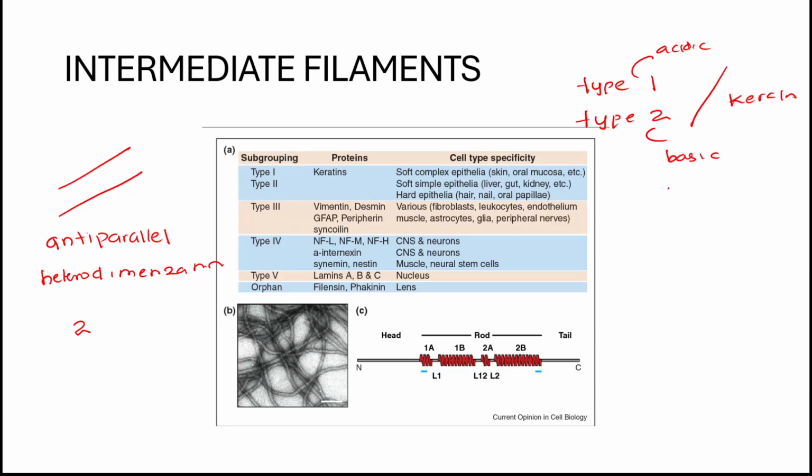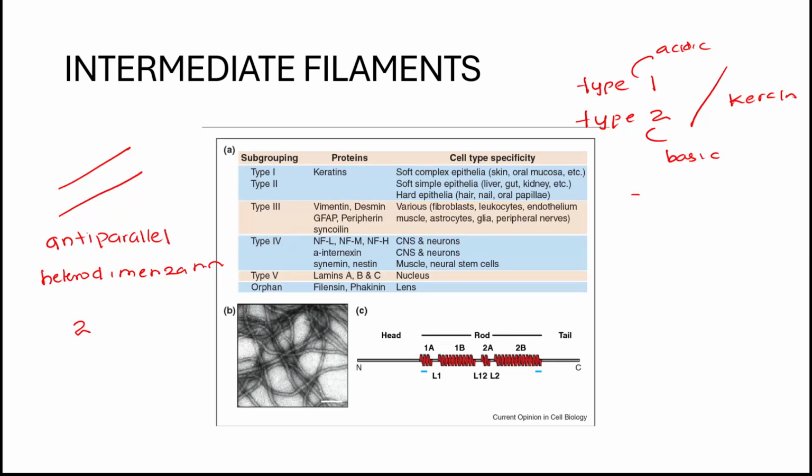So these are found in the epithelium of the skin as well as in the hair and the nails. So if there's any sort of a problem associated with these types, what you would see is the loss of integrity of the skin epithelium as well as the other structures that I mentioned.